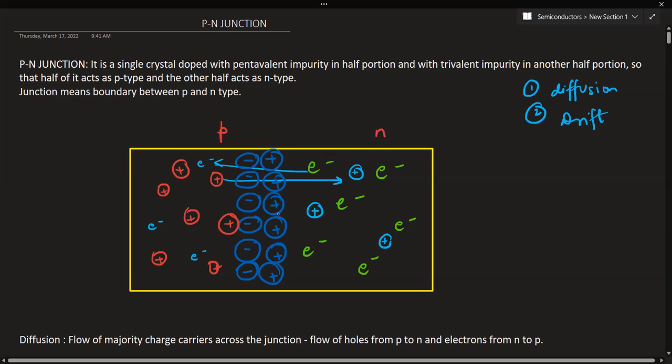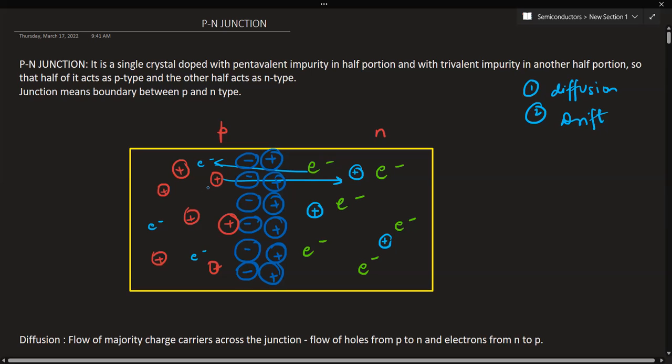Now, this sets up an electric field near the junction from n to p side because of these positive charges and these negative charges. So any hole near the junction is pushed towards the n side, and similarly, any conduction electron near the junction is pushed by the electric field towards the p side. So what will happen?